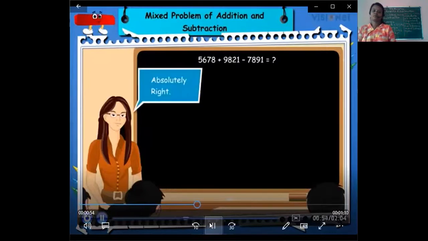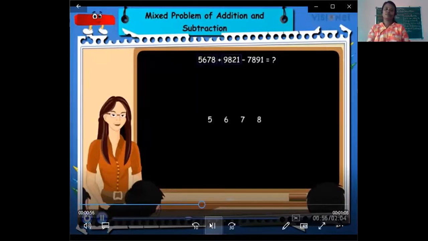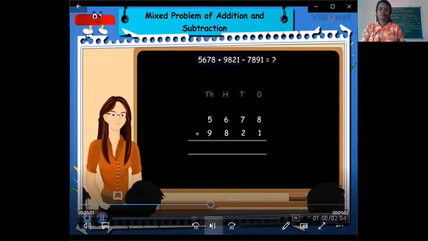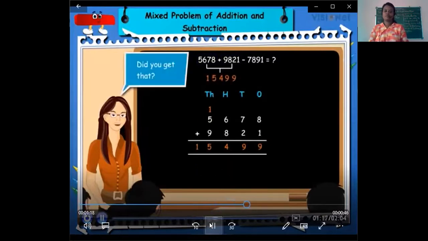Absolutely right. So we put 5,678 and 9,821 one over another and solve this. Now we add these numbers and we get 15,499.